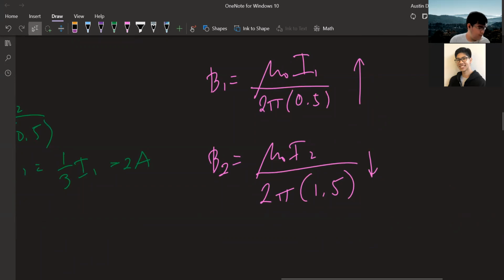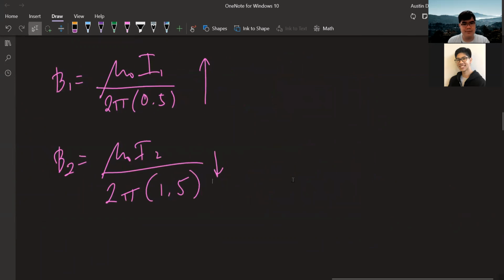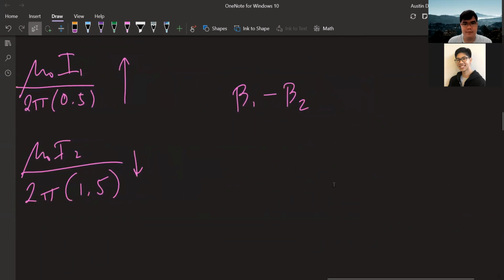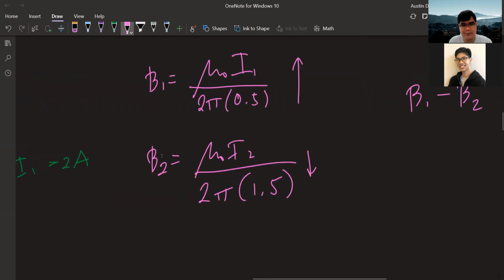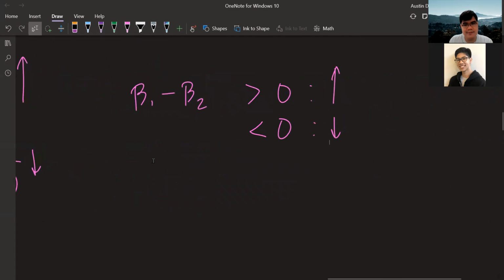And then you just need to subtract these two. So B1 minus B2. Now, if this is greater than 0, then the direction of the resultant is upward. If it is less than 0, it means B2 won, therefore, downward.